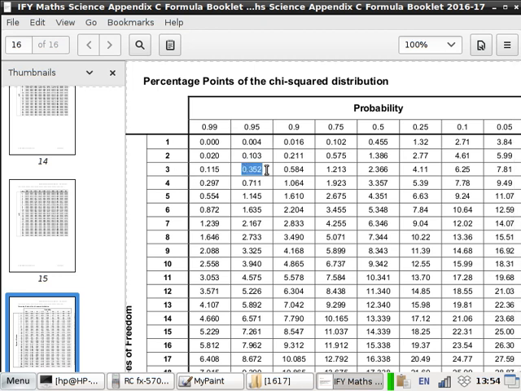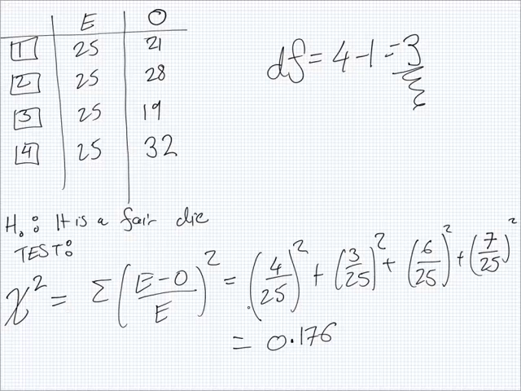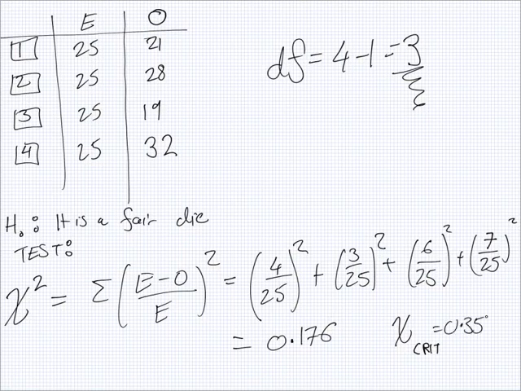What is the biggest number we're allowed to have? 0.352. So the limit, I'll write it as crit, for critical, is 0.352.